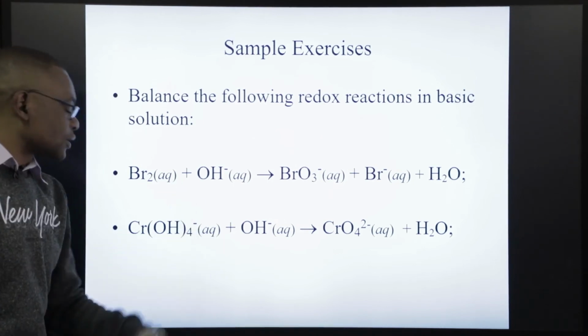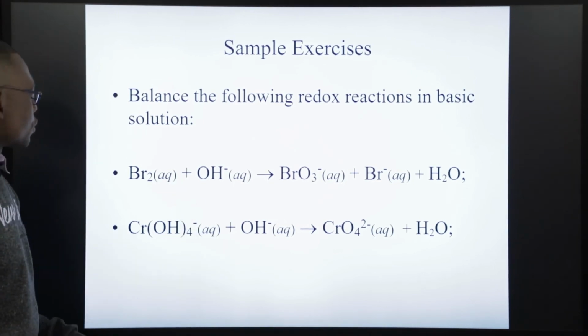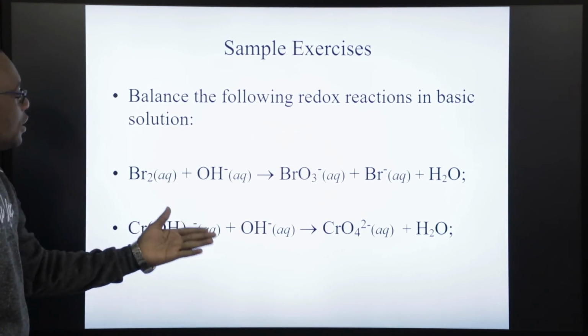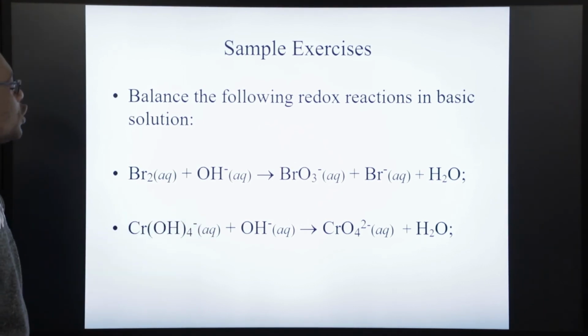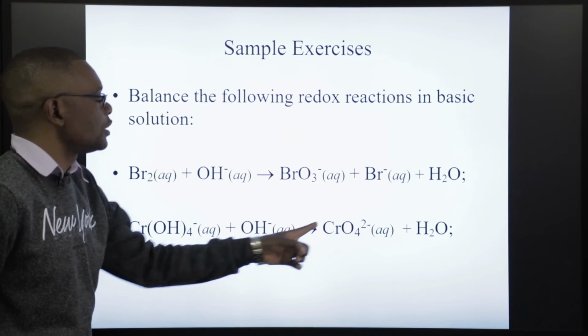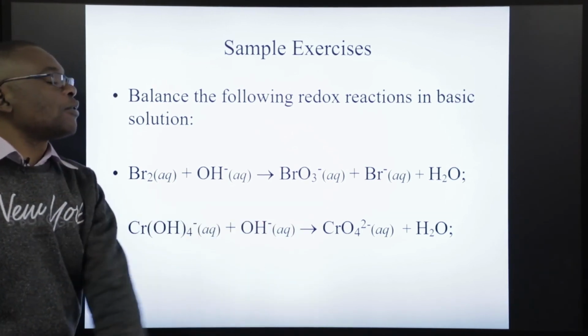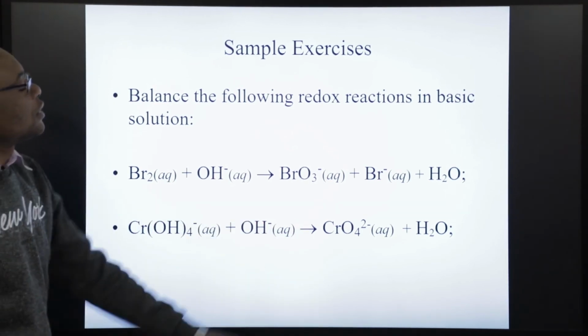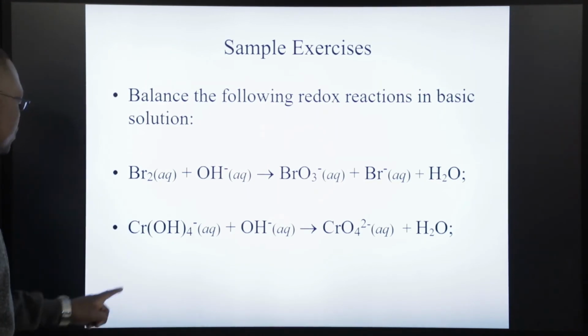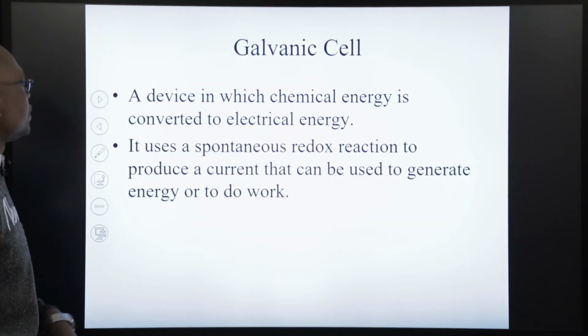And you are given another example where you've got the chromium hydroxide reacting with OH- in a basic environment to give you chromate plus water. Okay, so how do you go about this?